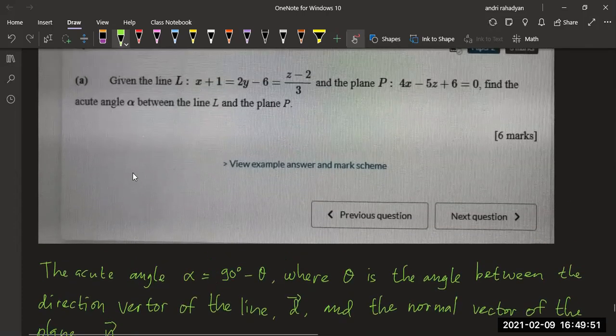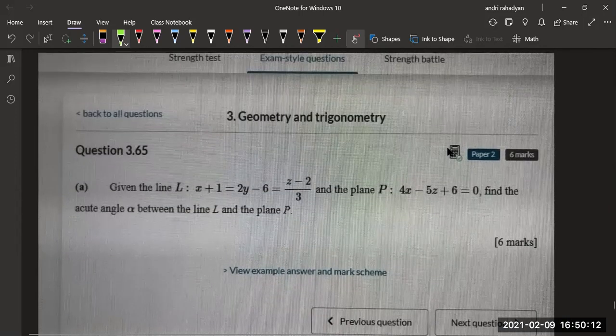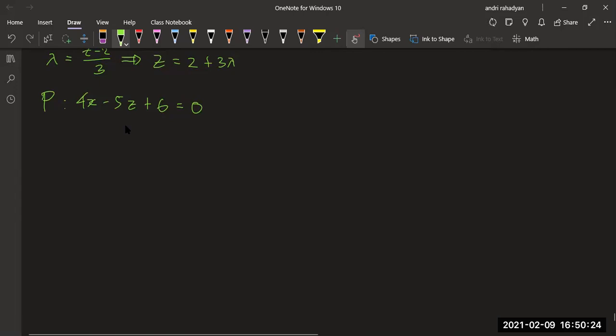Next, we need to figure out the normal vector n from the plane P: 4x minus 5z plus 6 equals 0.